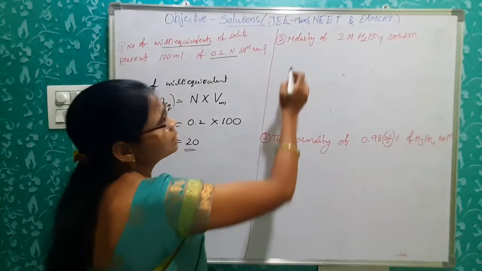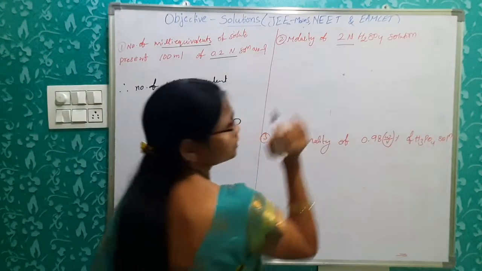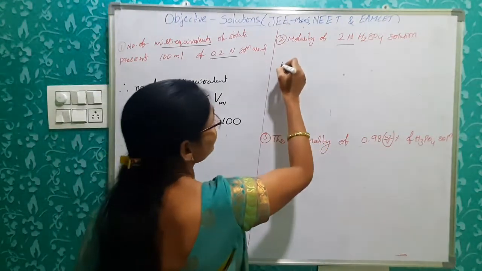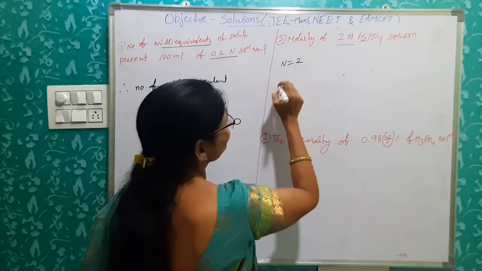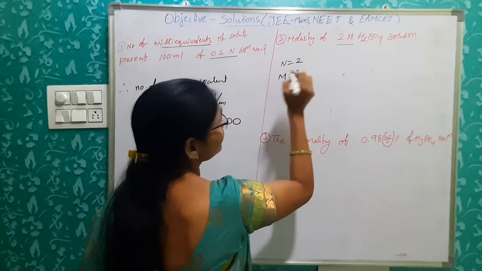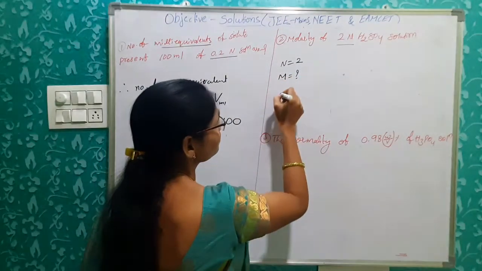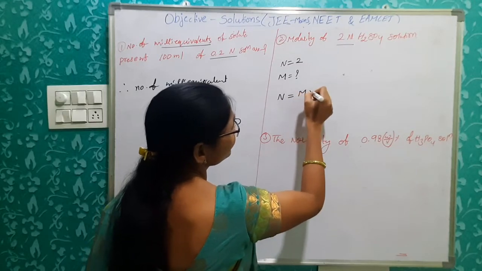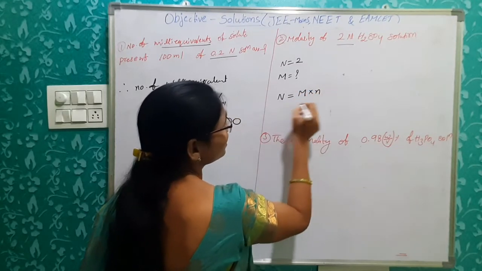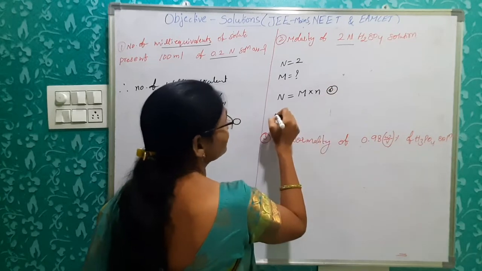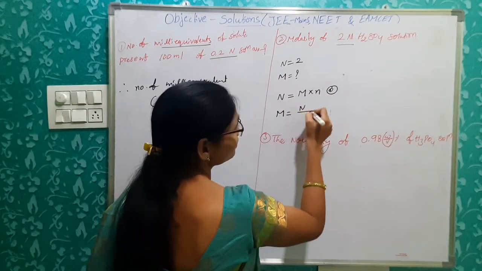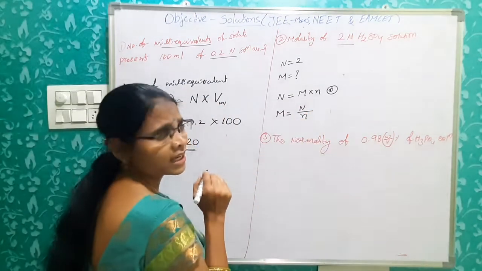Next, the molarity of 2N H2SO4 solution. Normality is given as 2, we have to calculate molarity. What is the relation between them? Normality is equal to molarity into n, so molarity is normality by the valency of that acid.